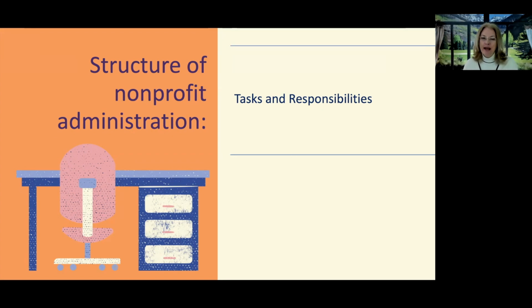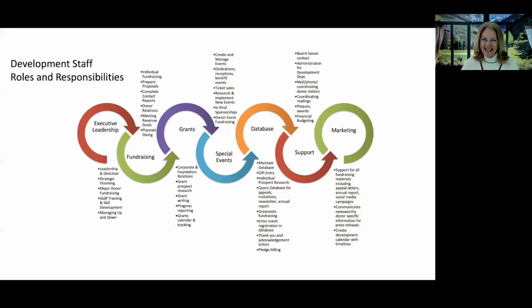And I talk about this more in my book, but I think it's important for someone who's starting a new nonprofit like you are to know the full breadth of what they need to look at. So here we go. This is what it looks like. And this is just the development staff. This does not include all of your programs, etc. So that's on another chart that we'll talk about in just a minute.